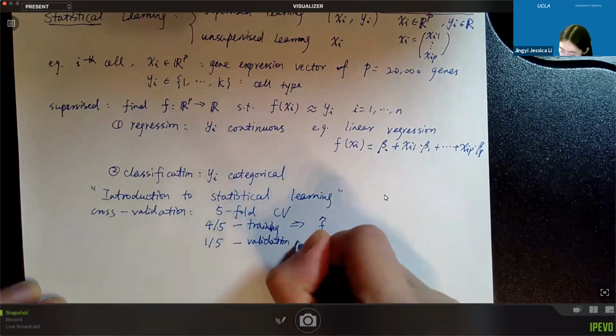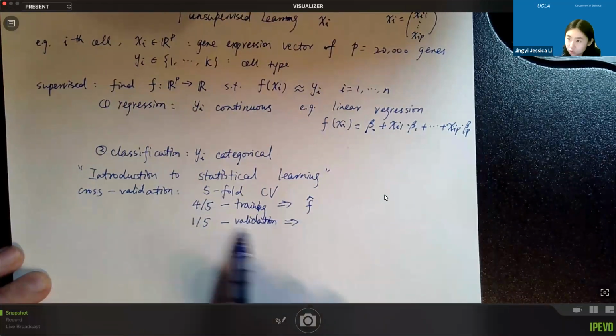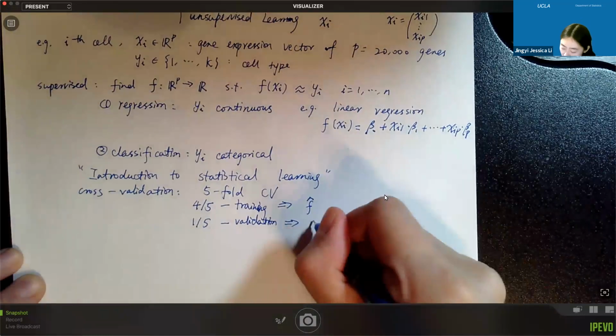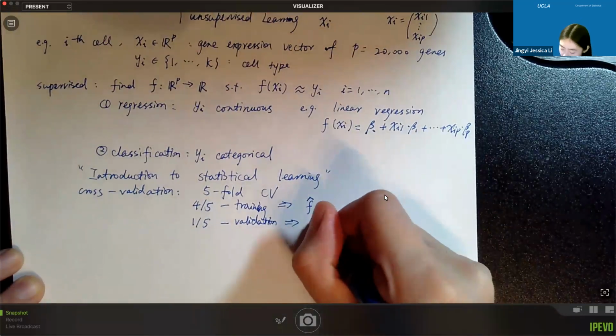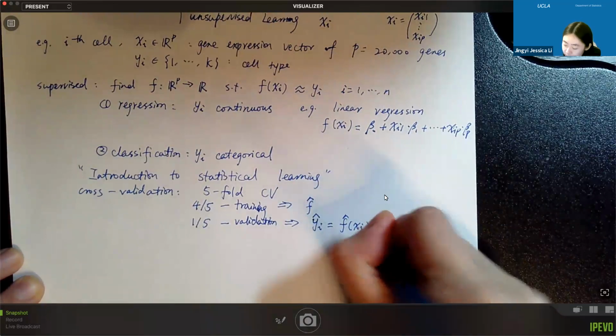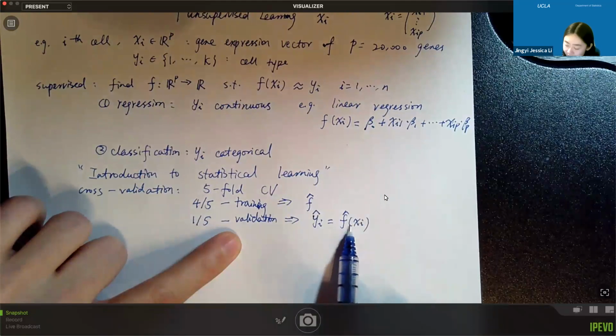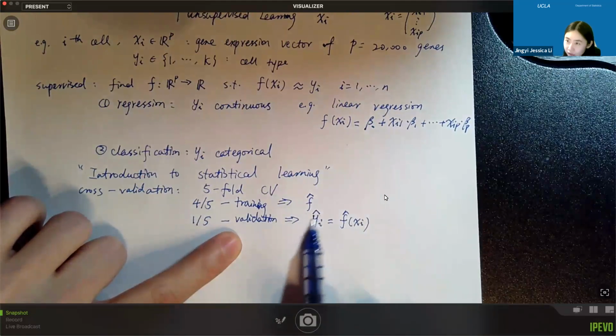That is, you apply this f hat to observations in this validation cohort. So you will have so-called yi hat equals f hat of xi. For each observation in the validation cohort, you input it into f hat to obtain the predicted values yi hat.